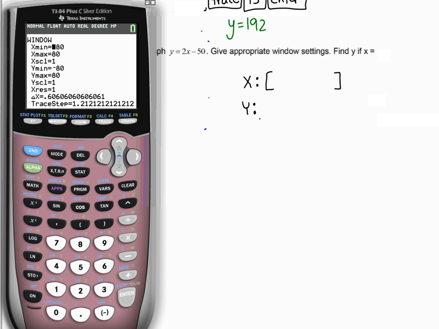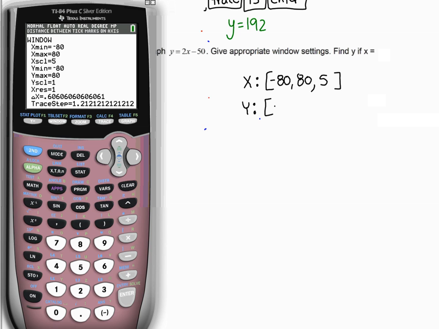My window settings are for x, negative 80, 80, and I'm going to actually change the scale because I don't like that solid line. It's trying to fit 160 ticks on the horizontal axis. So I'm going to change it to 5, personally. Okay, you don't have to.